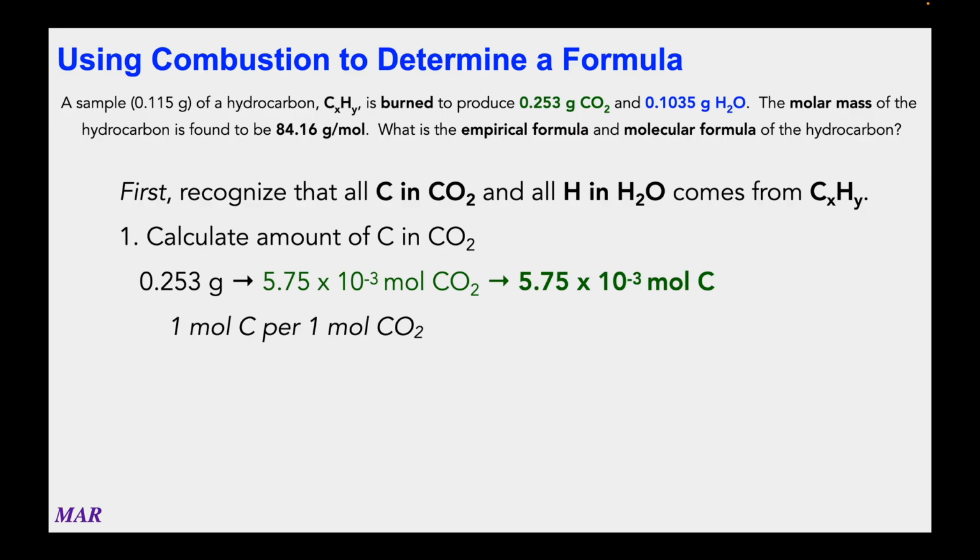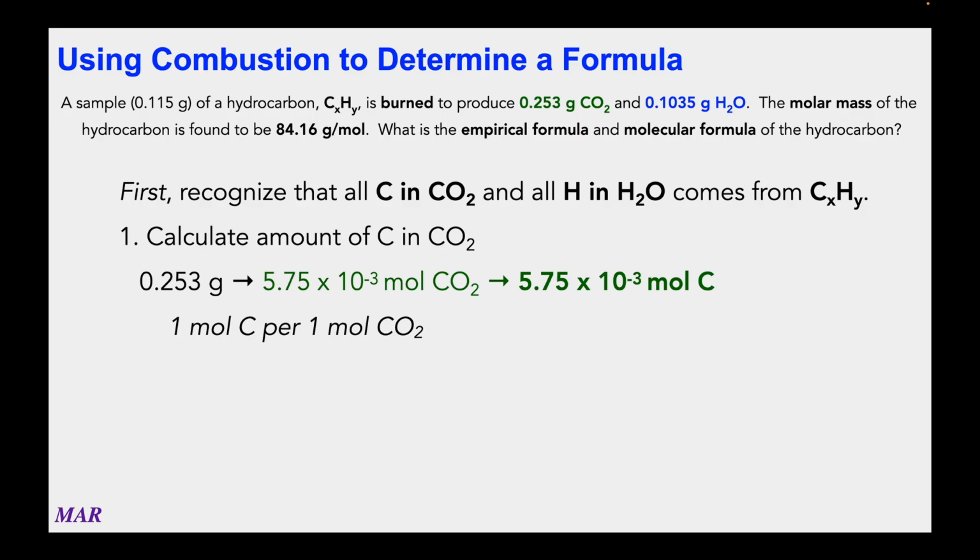Make sure you can do that calculation on your own, okay? Find the molar mass of carbon dioxide, divide 0.253 grams by the molar mass, and you should get 5.75 times 10 to the minus 3. And for every mole of CO2, there's an equal number of moles of carbon. So that means our hydrocarbon had 5.75 times 10 to the minus 3 moles of carbon in it. We're now going to do the same thing for water.